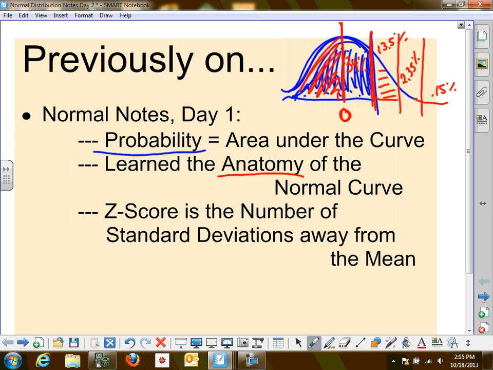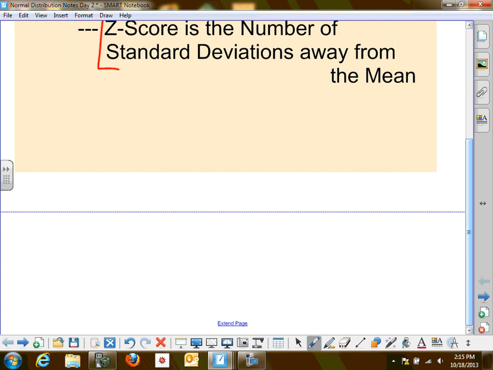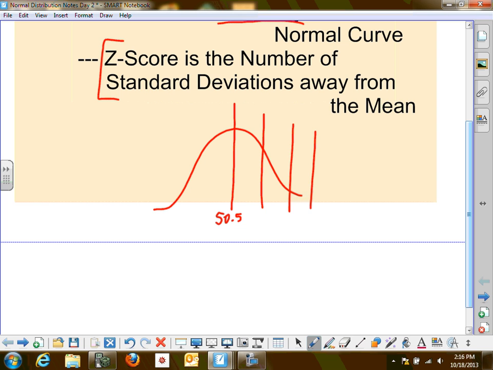And finally, at the end of class yesterday, we talked about this girl that came to our class from another school, and we had to relate their grades to our grades. And so, let's kind of remember what we had done. We found that their class average was 50.5, and it had a standard deviation of 8.8.